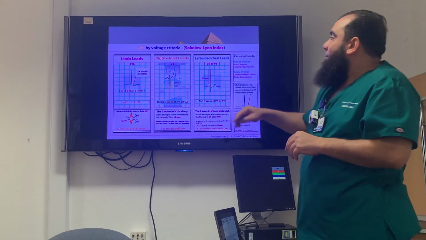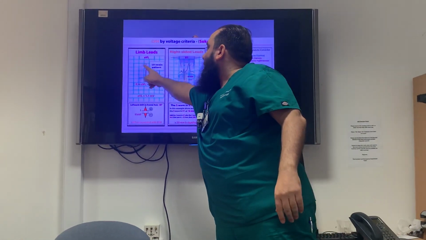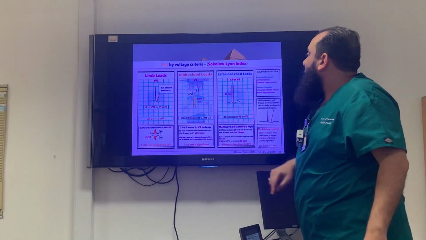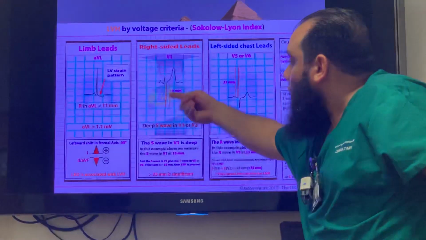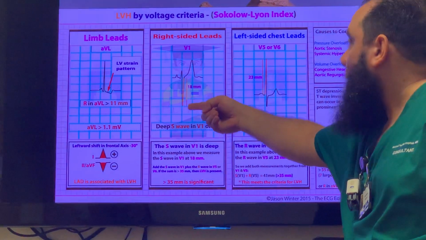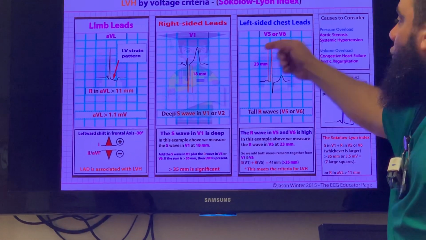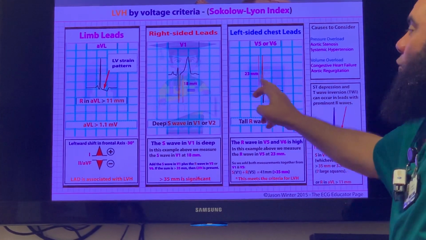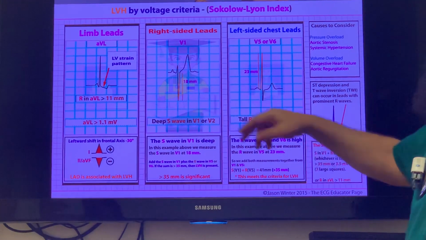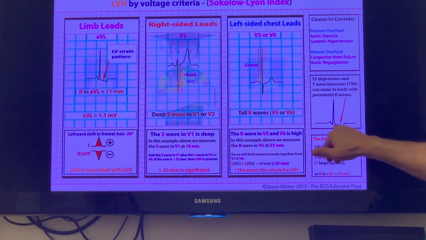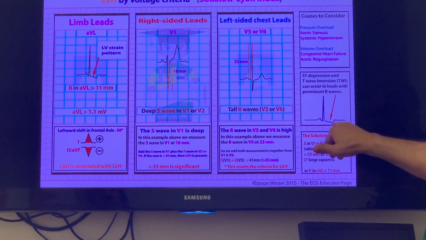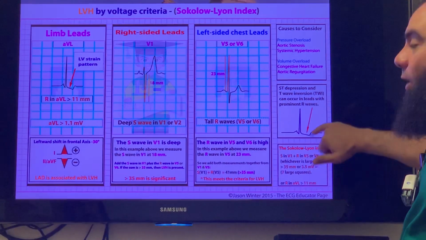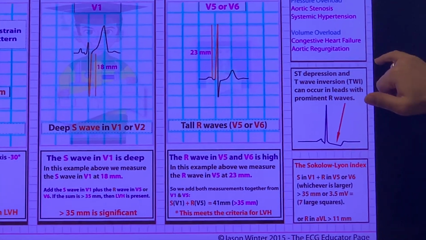This is how it looks. So aVL is more than 11 alone. V1, we don't usually consider alone, but we need to look at V5. So it is 18 and 23, more than 35. So we can consider a hypertrophy. This is the strain pattern as we agreed. One limb of the T wave is inverted, and the other limb of the T wave comes upright or a bit acute.